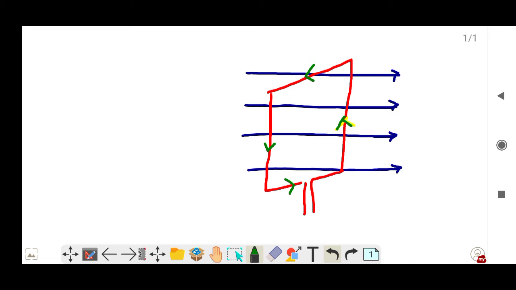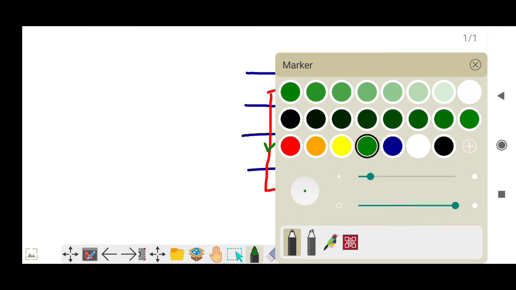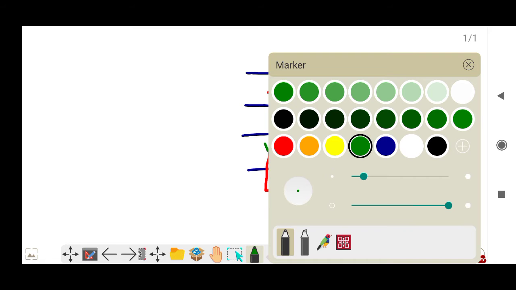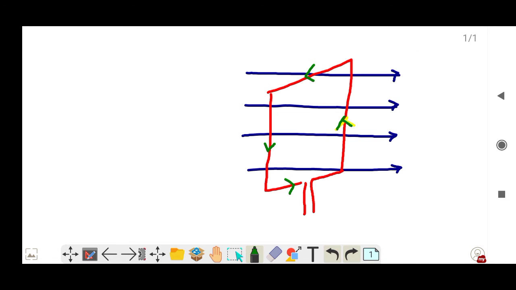I'll assume this is the breadth of the coil, and this is the length of the coil. So if I have to write the area, that will be length into breadth.